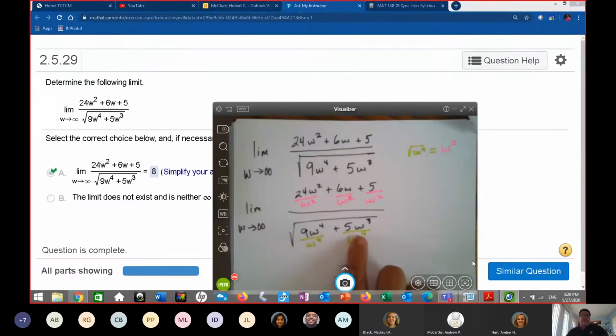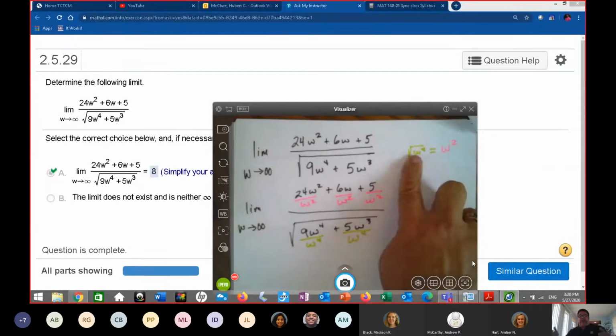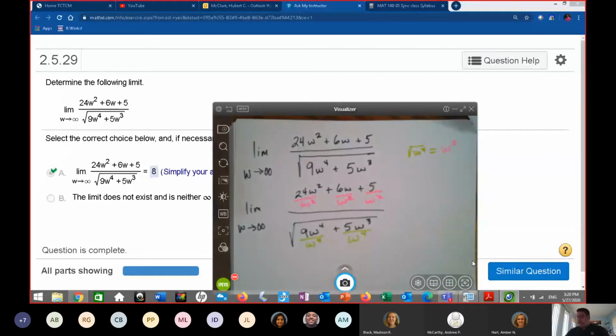It's the only way I can. The square root of a times the square root of b is the square root of a times b. So I cannot divide by the square root of w to the 4th unless I have a radical with it. That's why.